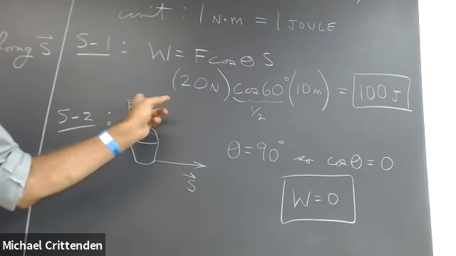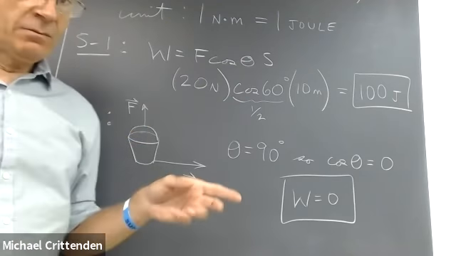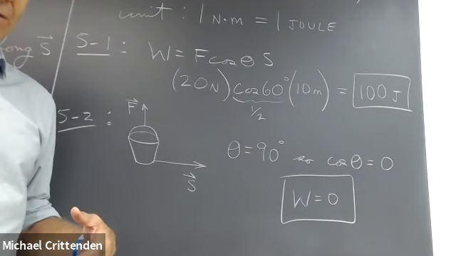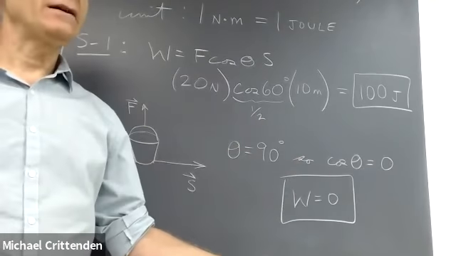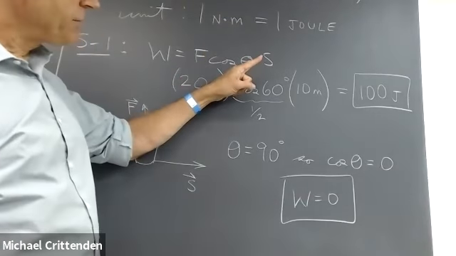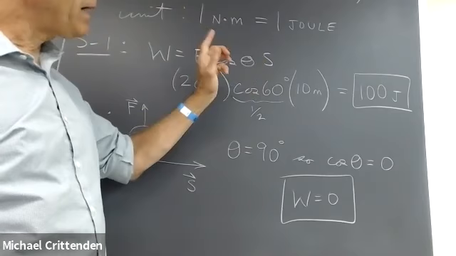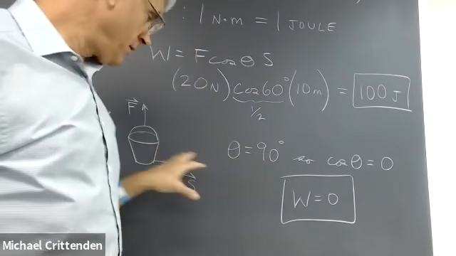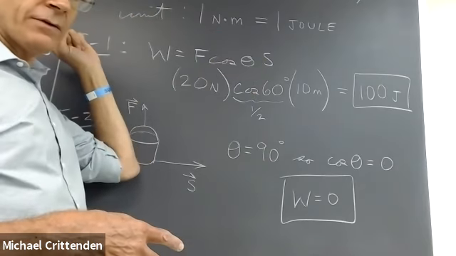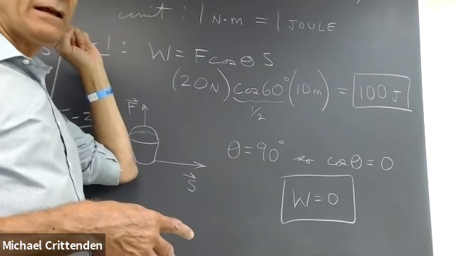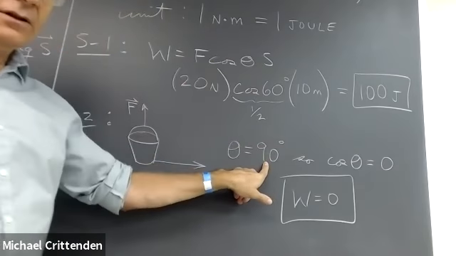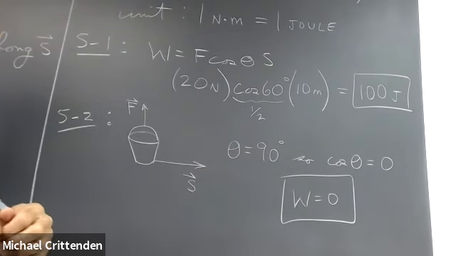Rather, positive or negative in this case basically means adding or subtracting. Are you adding to the amount of energy something has, or are you subtracting from the amount of energy it has? Okay, so a force that leans in the direction of motion, cosine is positive, that adds to the energy it has. A force that leans against the direction of motion will be taking energy away. That does negative work. If you're at 90 degrees, it does neither one. No work is done at all.